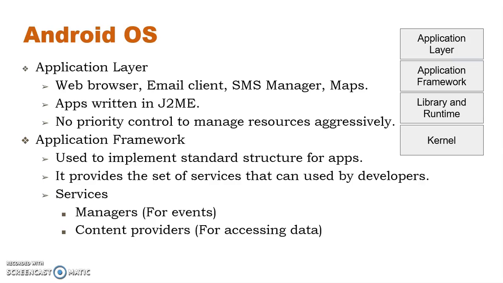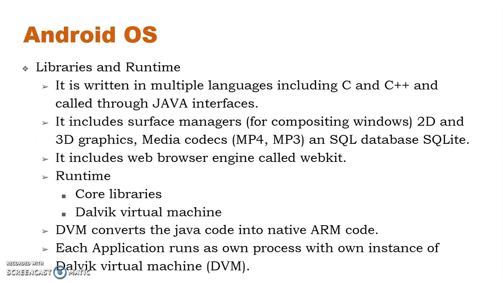Next, the application framework. This is the framework for developing an application. It provides a set of services that can be used by developers. Some services are managers, for event handling. The second one is the content provider for accessing the data. This is done by the application framework.